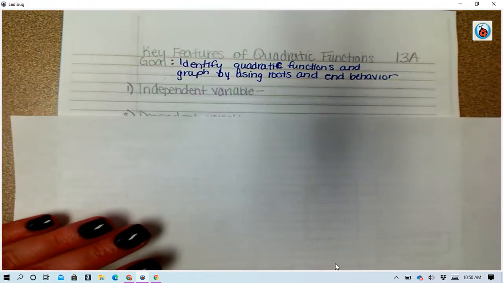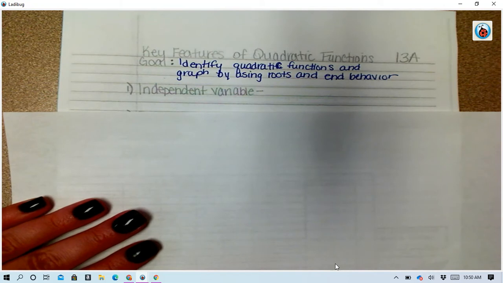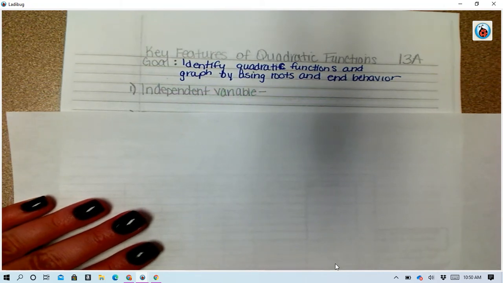And the first thing we're going to start off with is a couple definitions. And we've talked about these in class, but I wanted to get a formal definition in your notes.